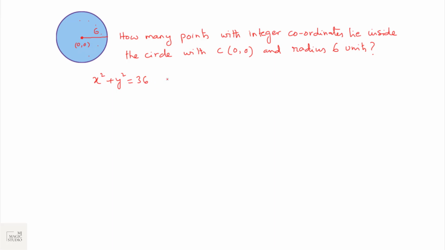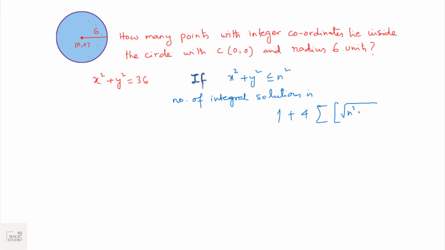Now, how to find this? For this, we'll use a simple formula which says that if x square plus y square is less than or equal to n square, then the number of integral solutions is 1 plus 4 times the summation of the floor of root of n square minus p square, where p goes from 0 to n.